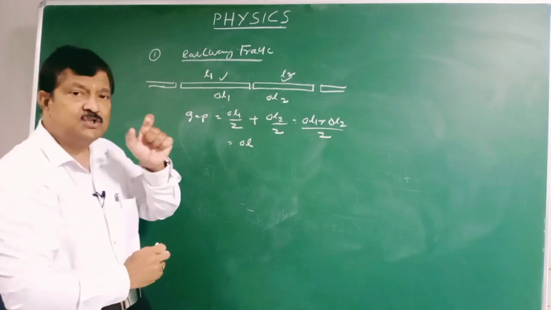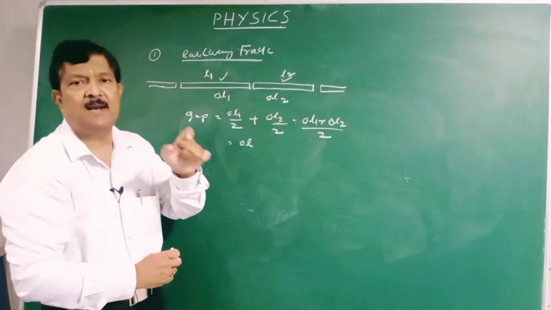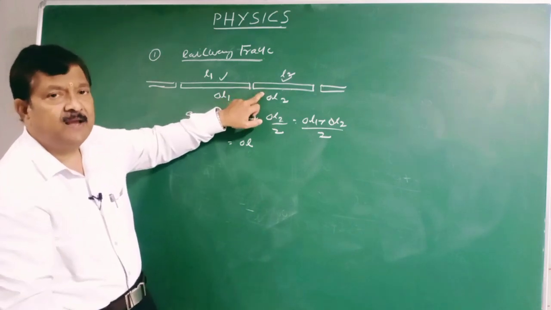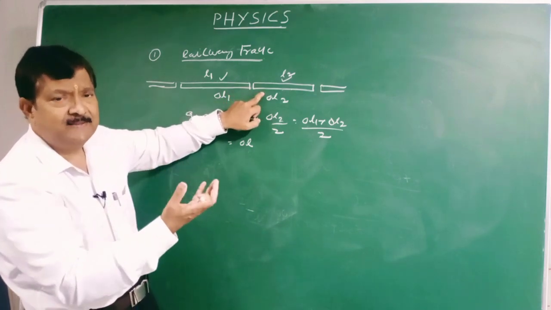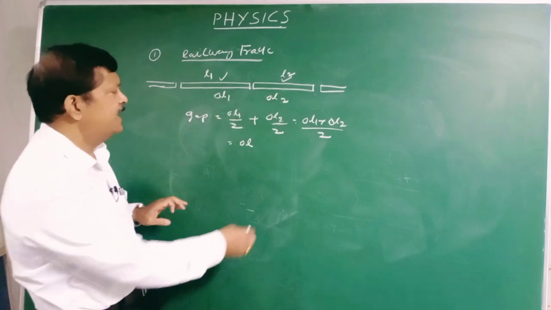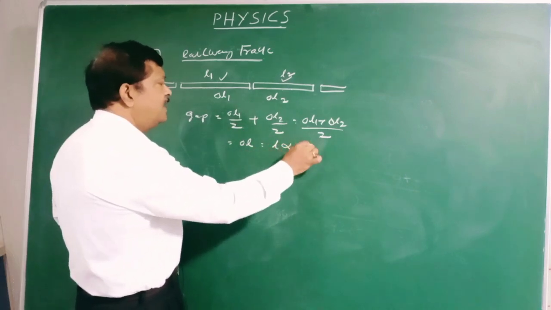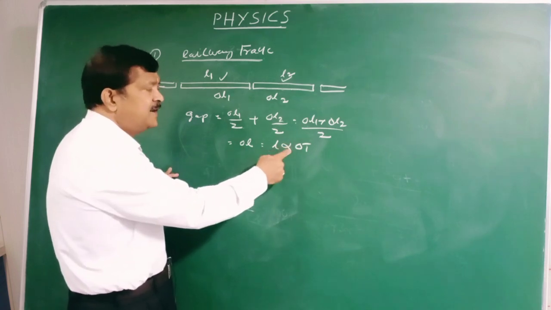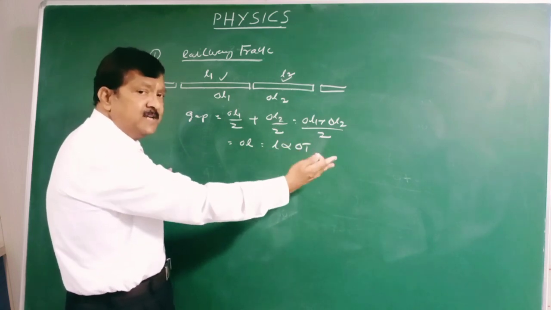So consider these two cases, as both are important. Generally, when constructing a railway track, all the rails will have the same length. Then directly you can say delta L, which is nothing but L alpha delta T, where L is the length of each rail, alpha the coefficient of linear expansion, and delta T the corresponding change in temperature.